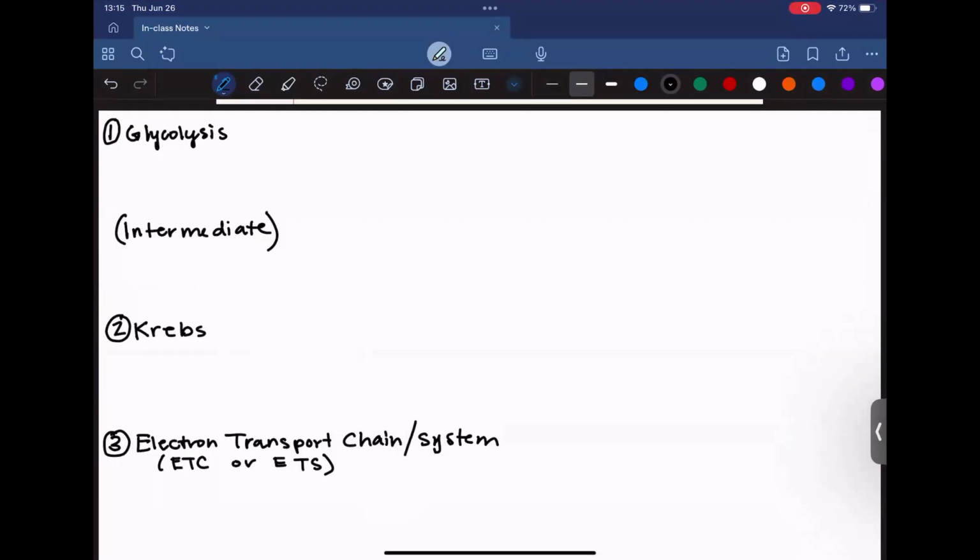Glycolysis is the first step of cellular respiration. Glycolysis is just the process of going from a 6-carbon sugar, which is usually, like it implies in glycolysis, glyco, what do we say about it? We said it's sugar. 6-carbon sugar, it's usually glucose.